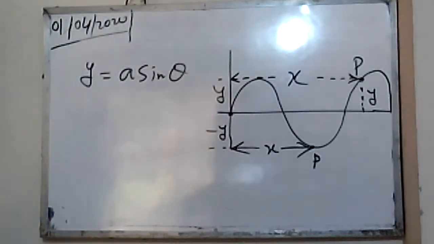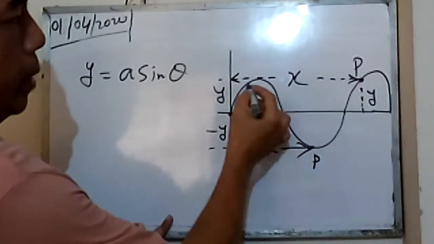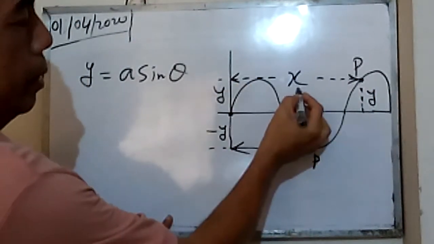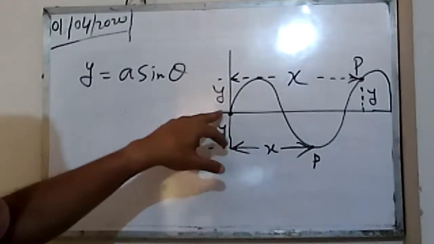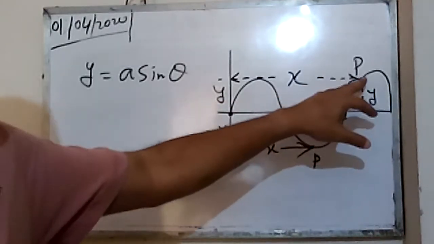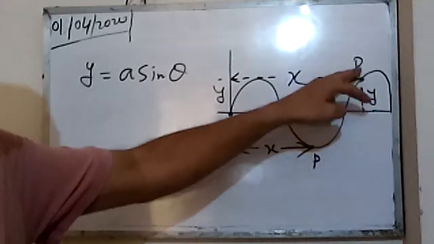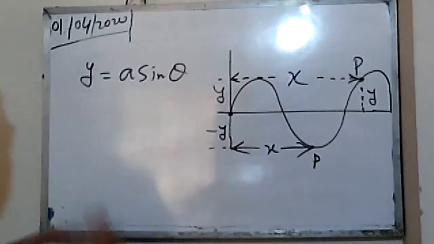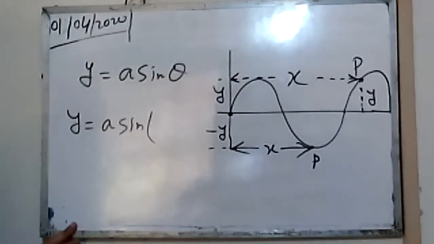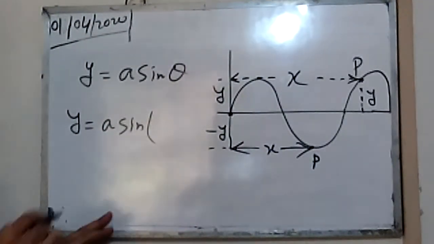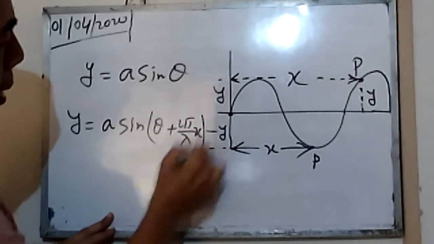But if p is another particle away from the first particle, x is the distance from the first particle to p particle, and y is the displacement of p particle. Then y equal to a sine of theta plus 2 pi by lambda x.